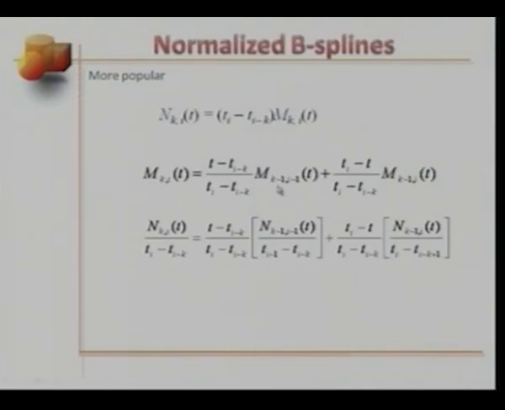How about m k minus 1 i minus 1? That is n k minus 1 i minus 1 of t over the last knot t i minus 1 minus the first knot t i minus 1 minus k minus 1, which is t i minus k here, plus t i minus t over t i minus t i minus k times n k minus 1 i over t i minus t i minus k plus 1.